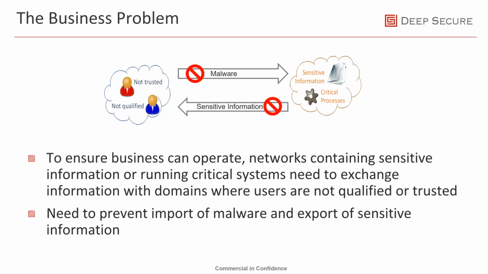Many organizations have networks that contain sensitive information or run critical processes alongside other networks that are used by people not trusted to handle that information or not qualified to operate those processes. The fundamental business issue is that there's usually a need for exchanging some information between these networks to ensure business continuity.